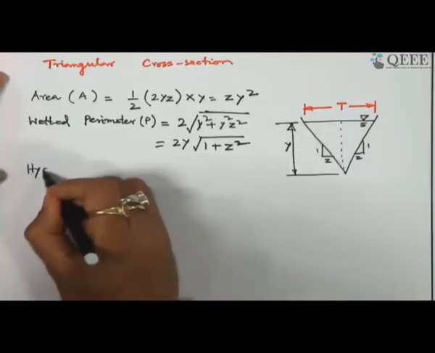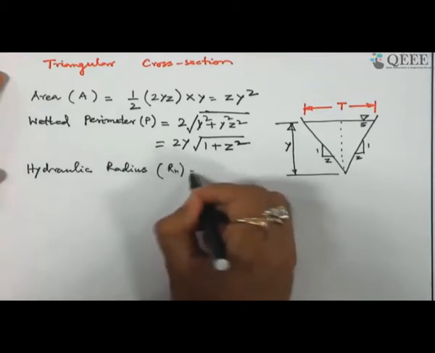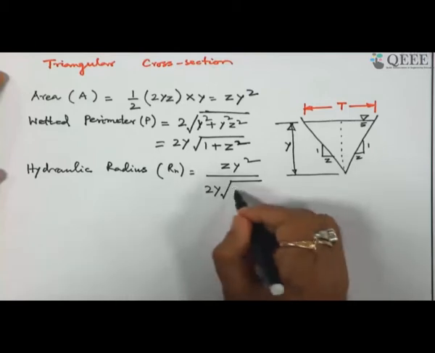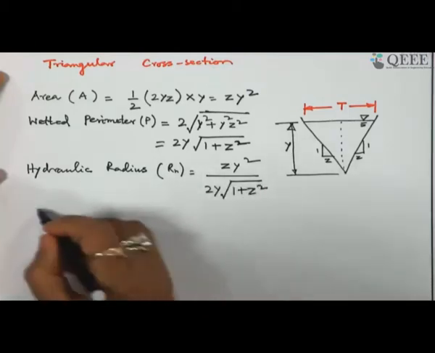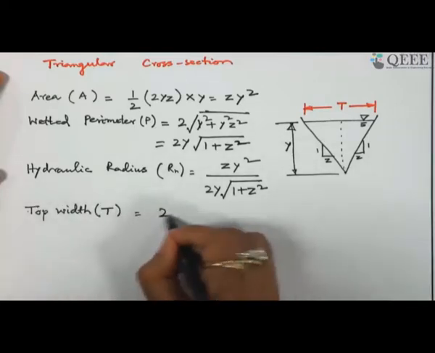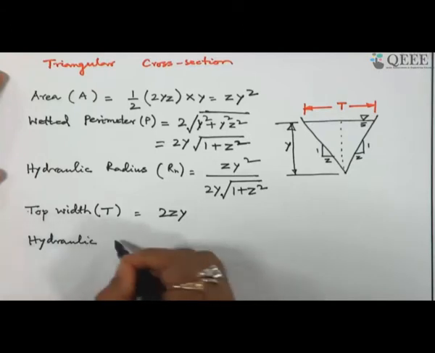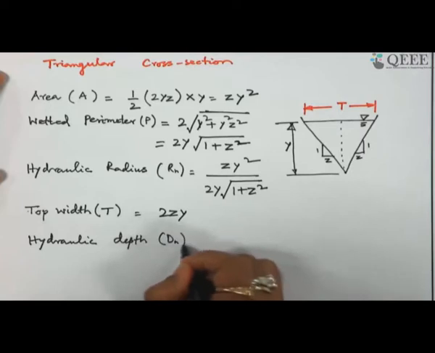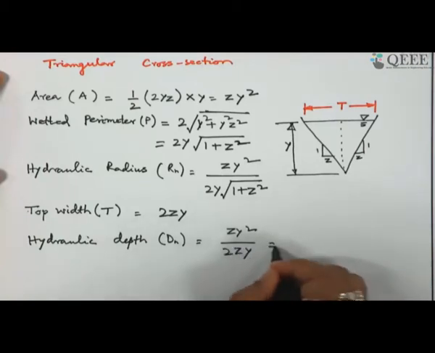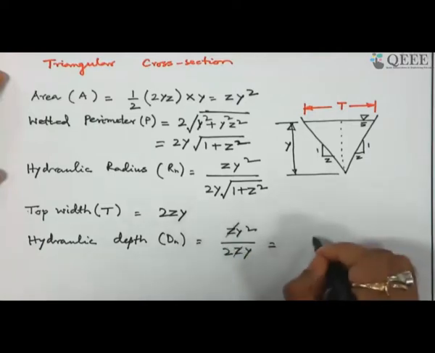Thus, hydraulic radius R_H in this case, that is A by P, or z y square divided by y square root of 1 plus z square, and top width T is 2zy, and hydraulic depth D_H, this is A by T or z y square divided by 2zy, that is our y by 2.